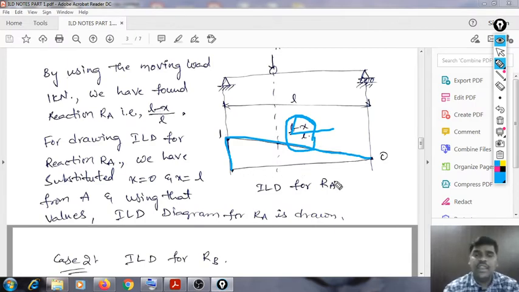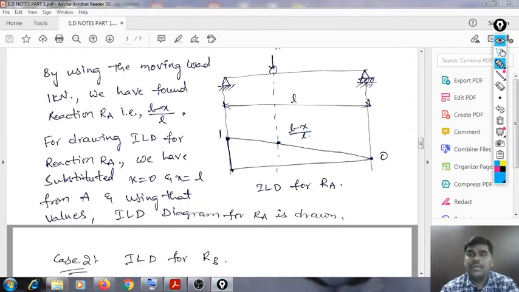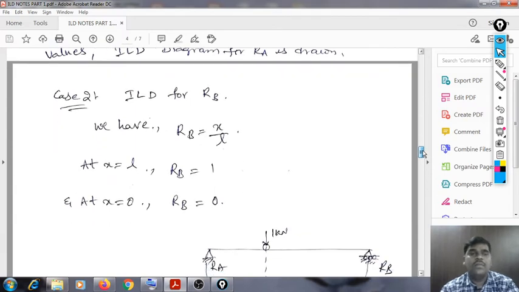So this is the ILD, that is the influence line diagram, for reaction A, and next comes the ILD for reaction B. In the same manner, we have RB equal to X by L; at X equal to L we have RB equal to 1, and at X equal to 0 we have RB equal to 0.